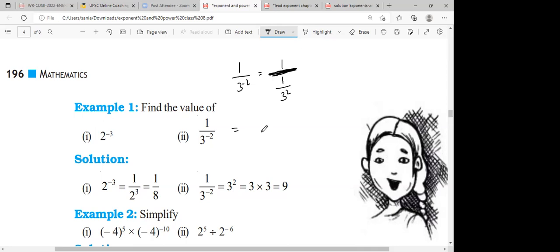So you are going to do 1 multiplied by this one. This digit will be going up. So it is 3 raised to the power 2 divided by 1. Clear? So when you solve it, it is going to be 3 raised to the power 2, because 1 and 1. So your answer will be 9. Okay. Clear?